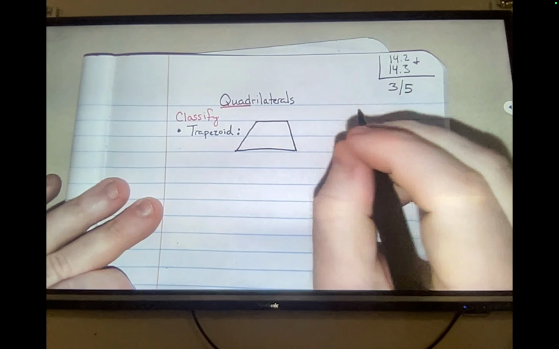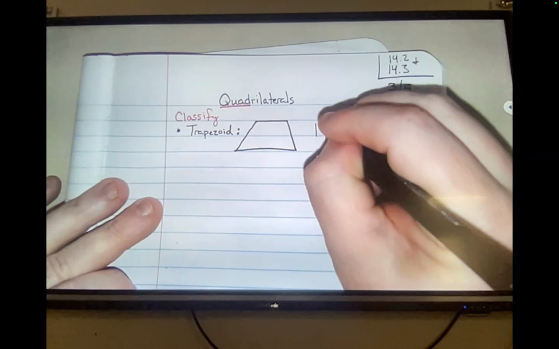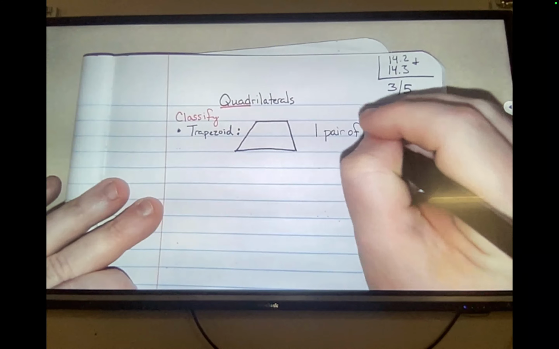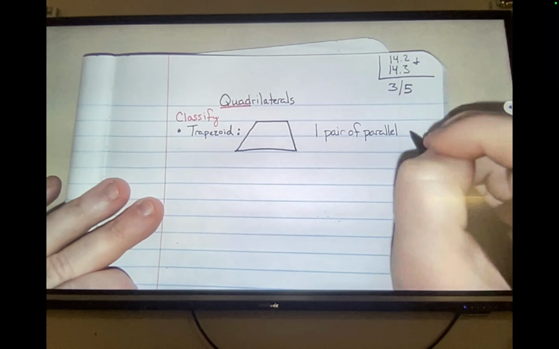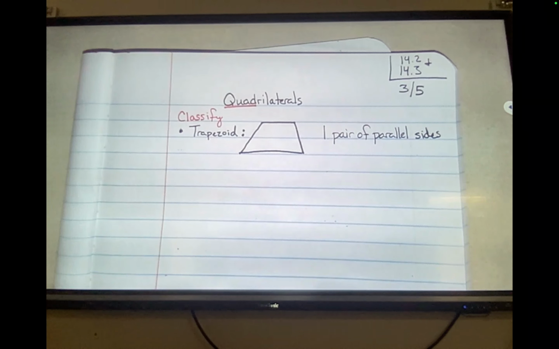So a trapezoid has one pair of parallel sides. One pair of parallel sides.